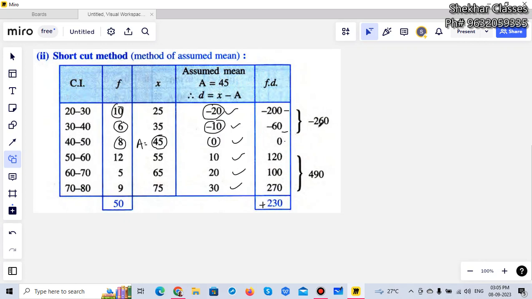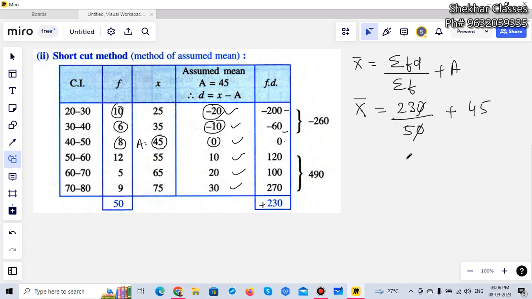This is positive. So again, the formula is mean is equal to sigma of fd upon sigma of f, plus a. So the mean here will be equal to sigma of fd, which is 230, upon 50, plus what I was assuming, 45 here.